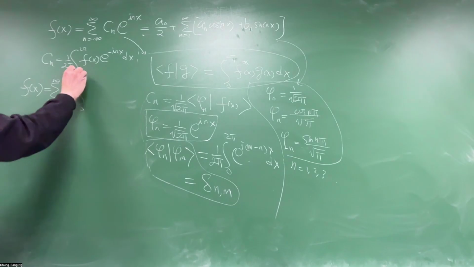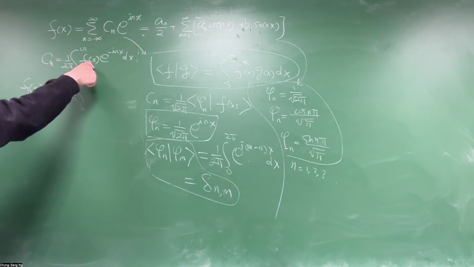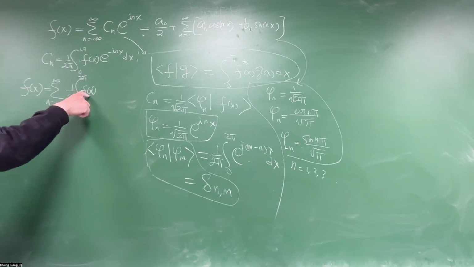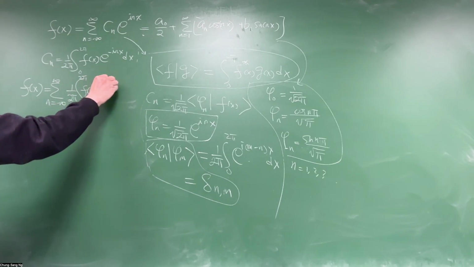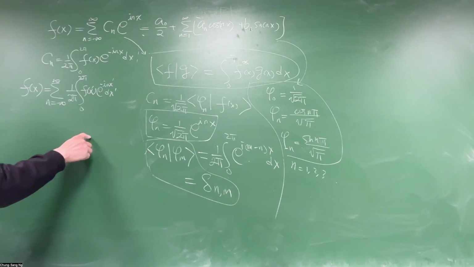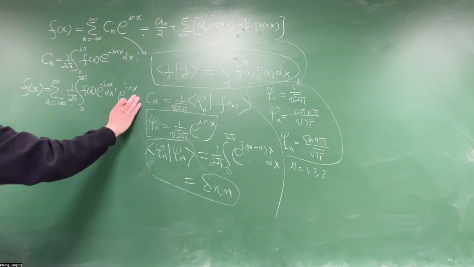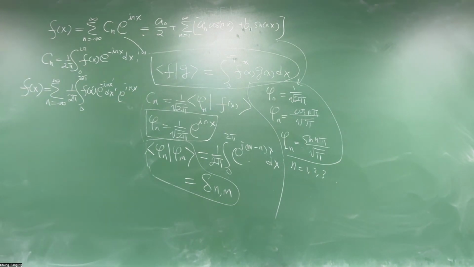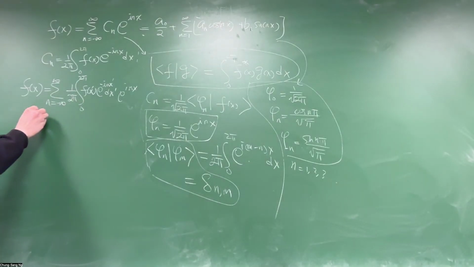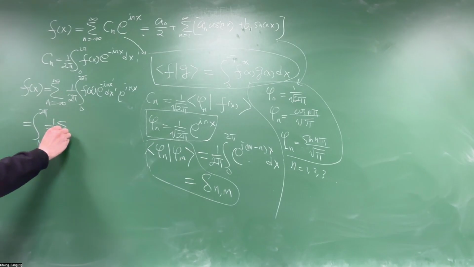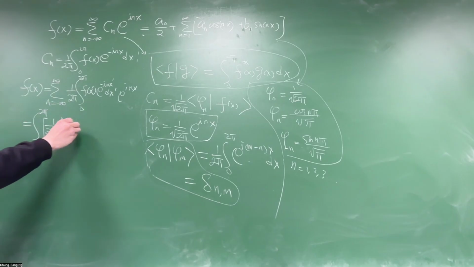Need to be a little careful. Now you have f(x prime), calling it another name, e to the minus i n x prime dx prime. Then you copy this down; you already have a dx. Now you can rewrite your expression, put the integral out, and do the summation here, in brackets.